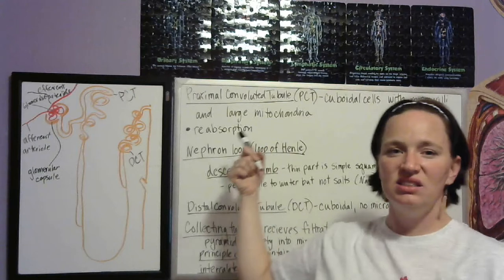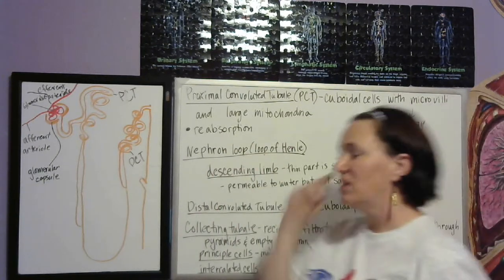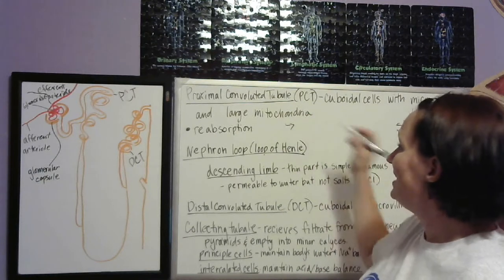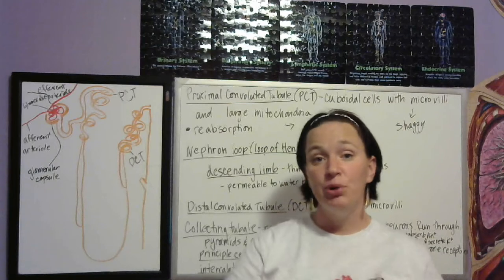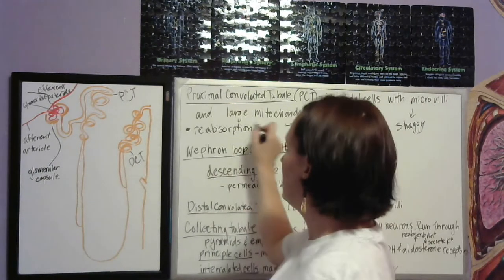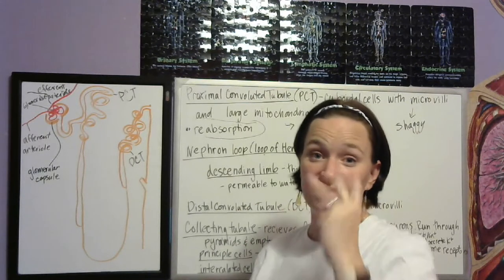What does that tell us? If you have a lot of microvilli, then you need a lot of ATP, or energy. So this tells us that it is active transport. You're using ATP to push things where they don't want to go. This is involved in reabsorption, one of those three steps of nephron function that we talked about.